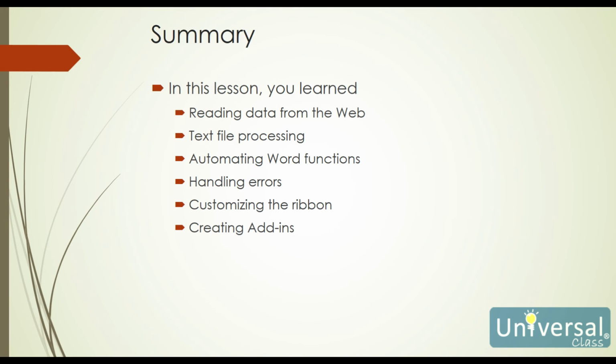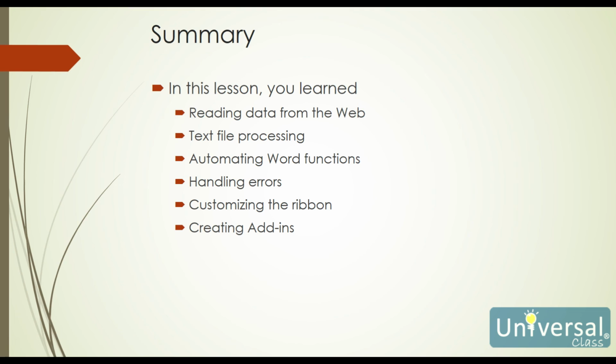In this lesson, you learned that Excel is able to read data from the web, and that we can use VBA to process that information. It's also able to read data from a text file and write data to a text file. And once again, we can use VBA to automate that process. We are able to automate functions in Word and any other Office program.